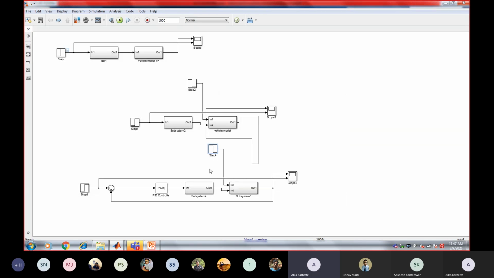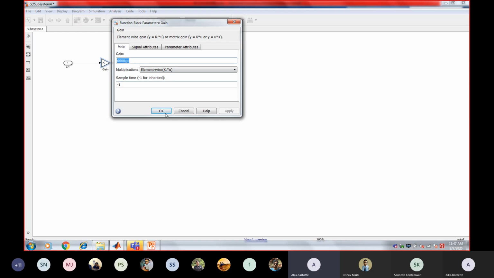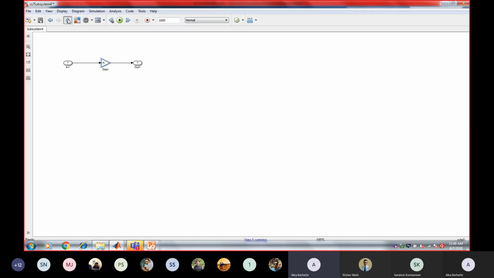Same system. This is the gain whose value is 6000 by pi. This is representing the transfer function. Here the gain is applied, and the second one is the disturbance input that is getting applied. So you need to add those two signals to this transfer function.